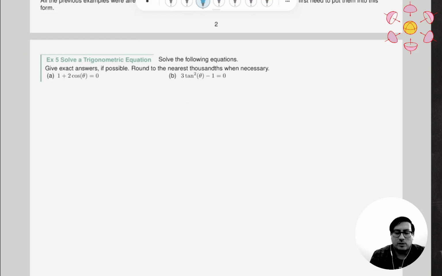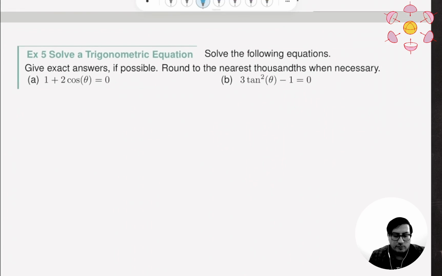Again, it just says solve the following, give the exact answers if possible, round to the nearest thousandth when necessary. So on the test, I'm always going to give 0 points if you solve it with the calculator when the calculator wasn't needed. So you have to know how to do this stuff without the calculator and only use the calculator when the problem demands it, like we saw earlier.